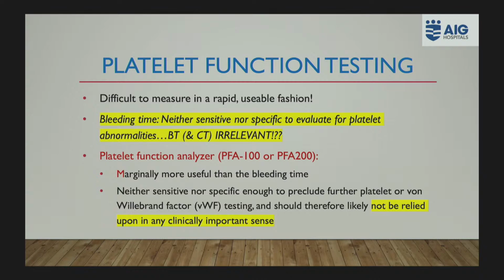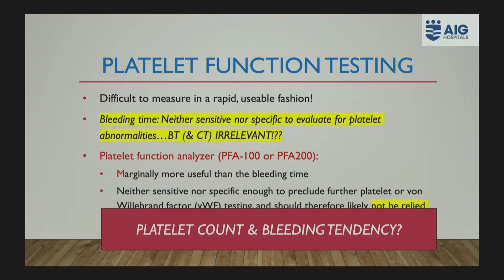It is an automated analyzer found in many labs that attempts to create high shear conditions that are expected to cause hemostasis. This test is also neither sensitive nor specific enough to preclude further platelet or von Willebrand factor testing, and should therefore not be relied upon in any clinically important sense.